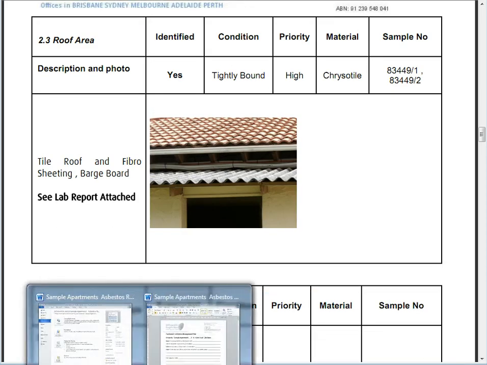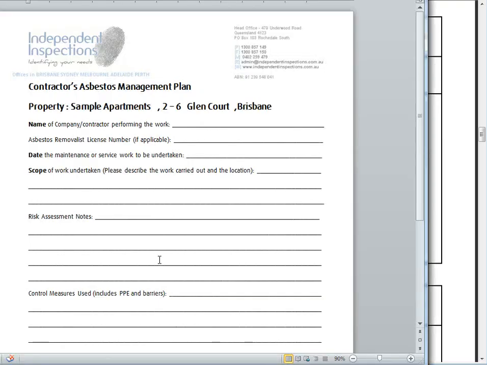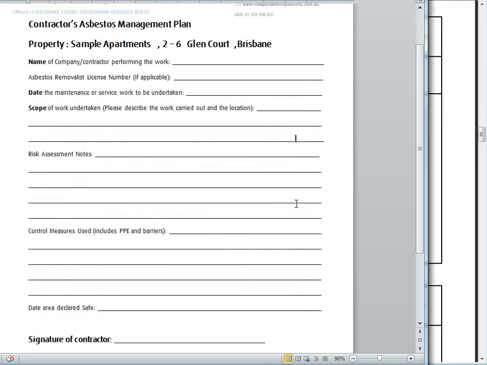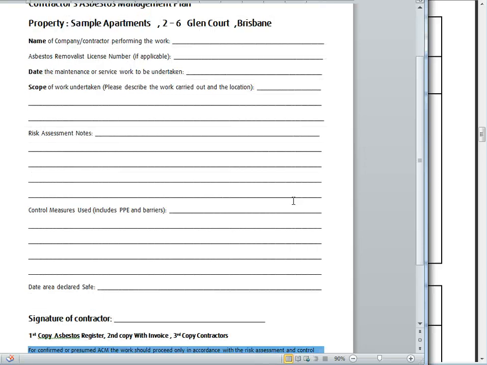So an asbestos management plan, so whoever comes on site needs to be aware of the asbestos on site and what risks there are, and what method they're going to use to minimise the risk so they don't disturb that asbestos.